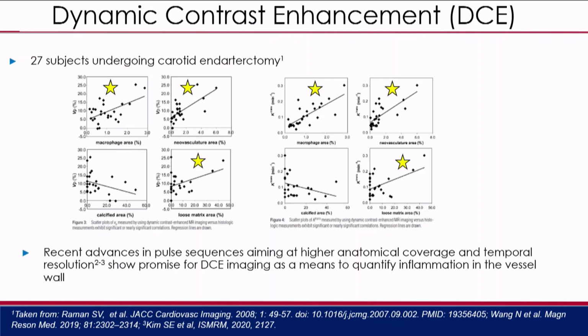So in general, in DCE, there's quite a lot of development in improving this technique to have higher anatomical coverage and high temporal resolution. So it just shows promise as a way to characterize inflammation in the vessel wall.